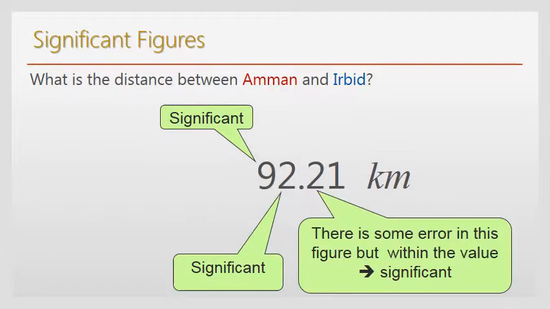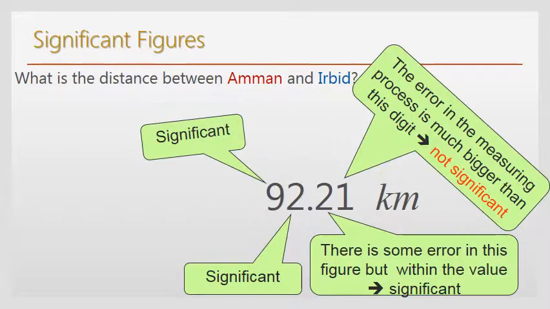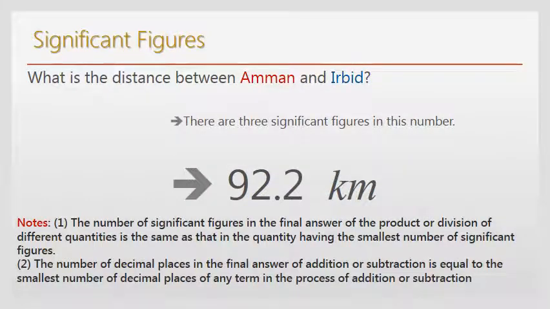The one after the decimal has some error, but it's still within the significant value, while the third one could be, I mean, the measuring error is much bigger than this digit, so it's not significant in this case. And then the result is this.